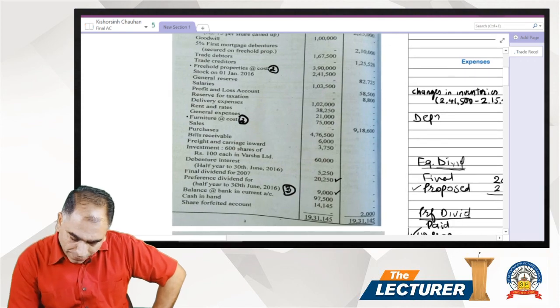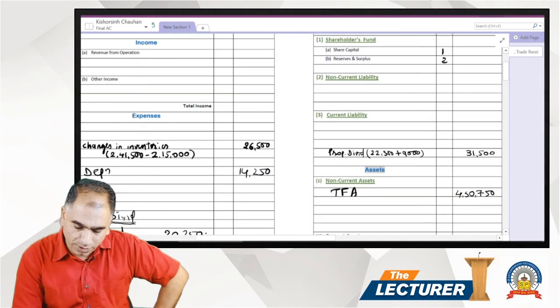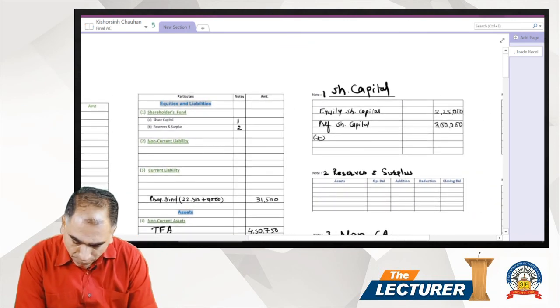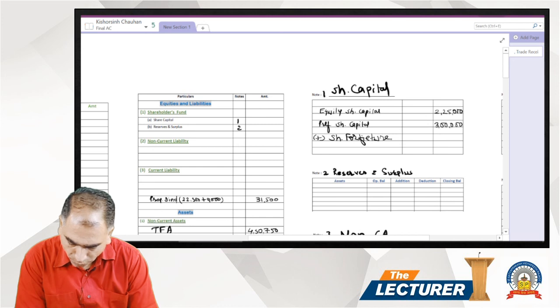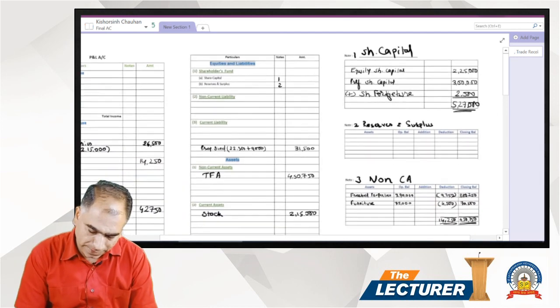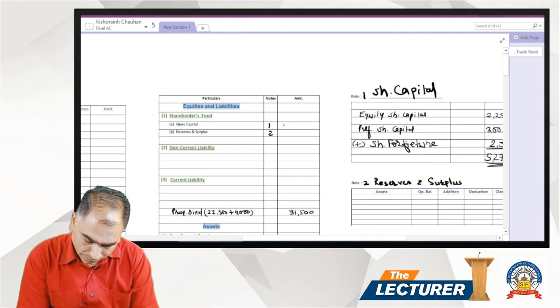If you see the last share forfeited account, that is also to be added to the share capital, plus share forfeiture, that comes to 2000. So total it's 527. So 527 will have a share capital in the balance sheet.